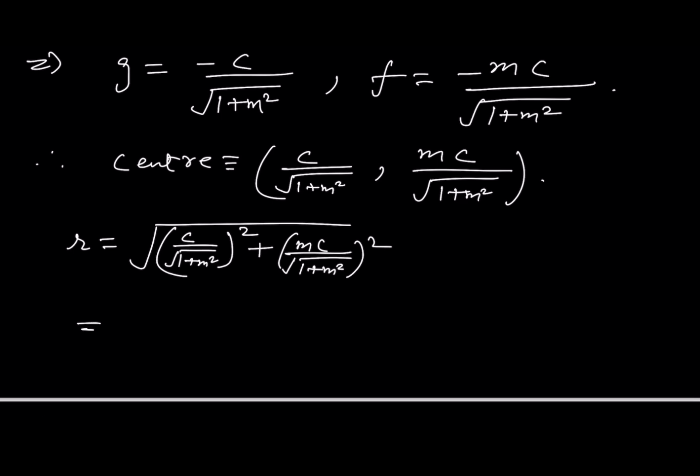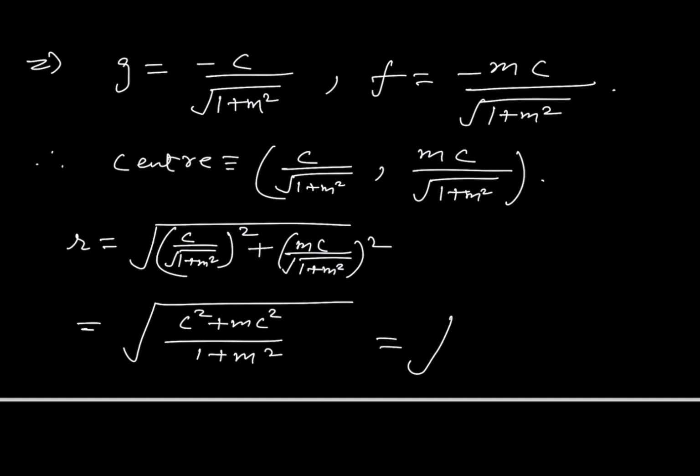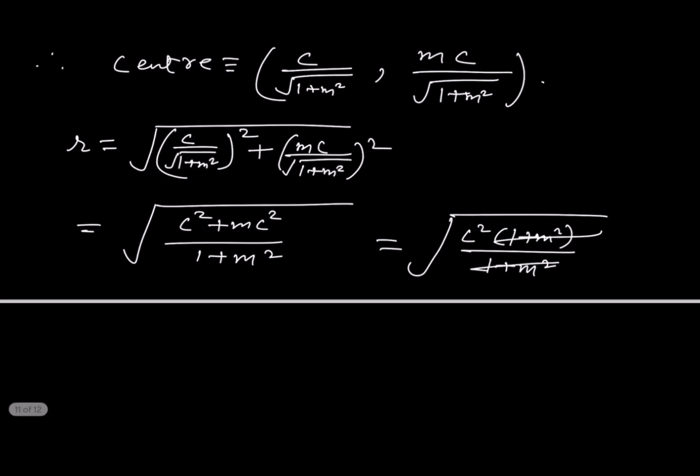So this will become root over c square plus mc square upon 1 plus m square. So root over c square common times 1 plus m square on 1 plus m square. 1 plus m square, 1 plus m square cancel out. So r will become root over c square, which is c, right?